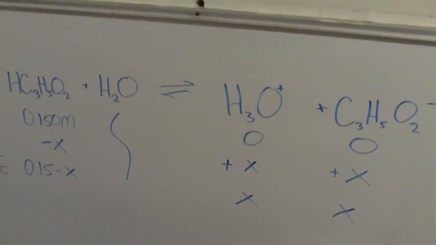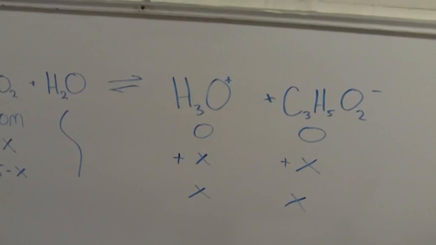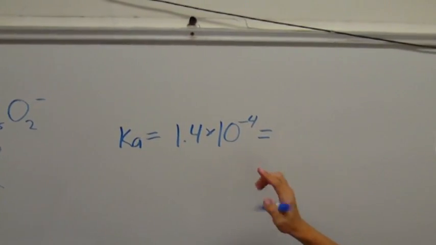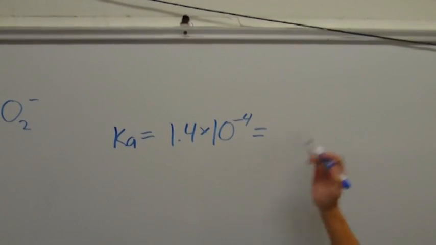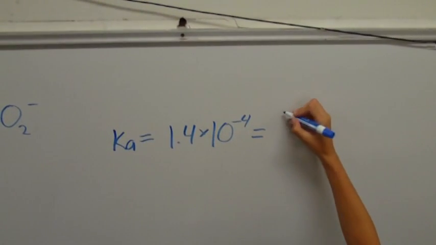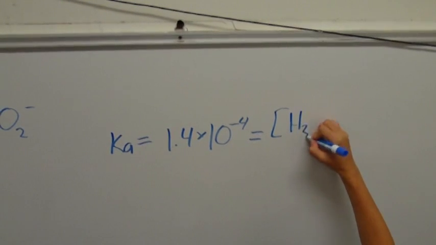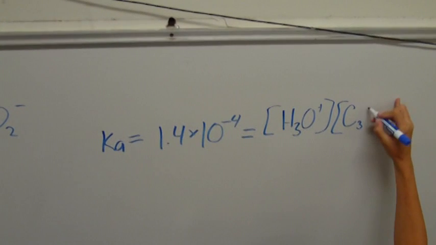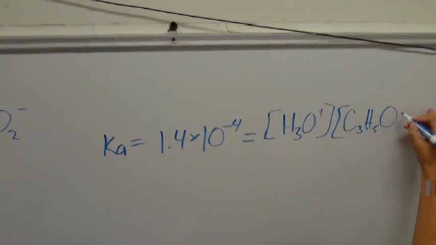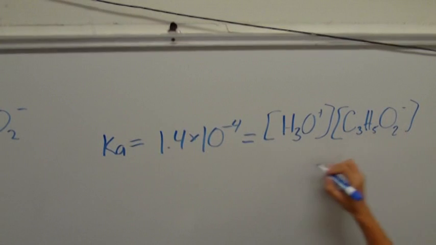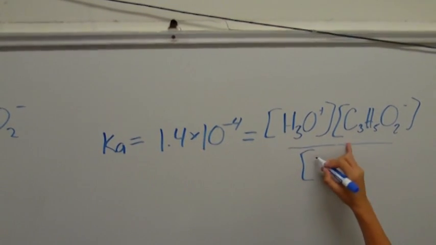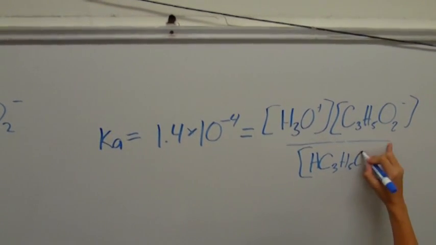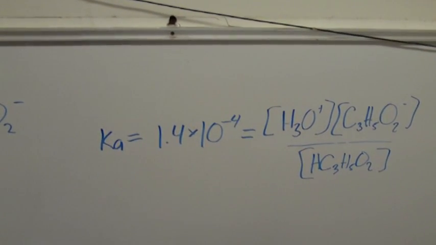Then they gave us our Ka, which is 1.4 times 10 to the negative 4, and we're going to set it up as our products over our reactants. We're not going to include water. So that's going to be the concentration of H3O plus times the concentration of the conjugate base, over the concentration of our lactic acid.